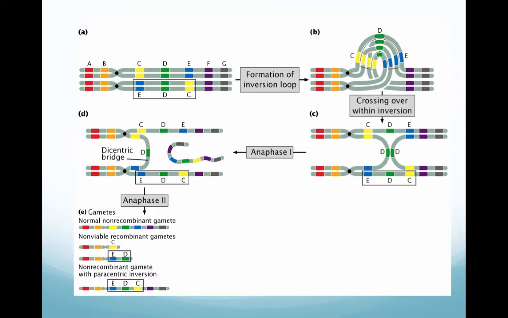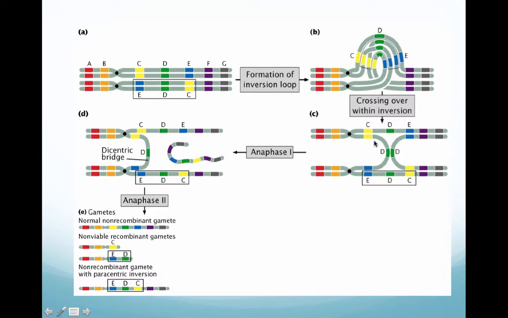So as we look at how this all progresses, even though we've looked at the last couple of slides on an individual basis, this is what that whole process looks like. So up here we've got our inverted genes, and that results in an inversion loop where crossing over is taking place, trying to get all the genes to match up with one another.